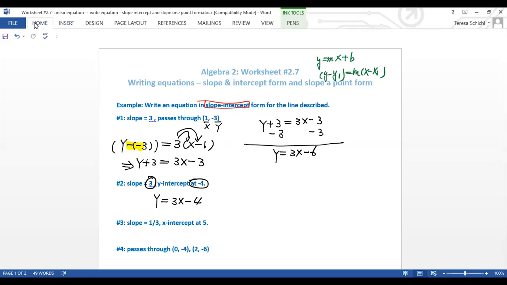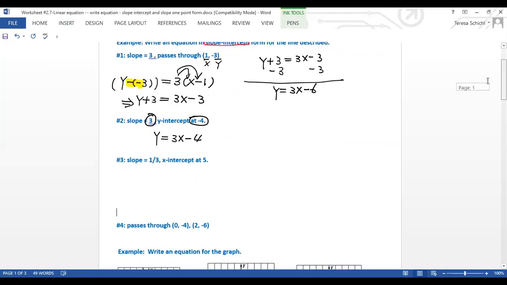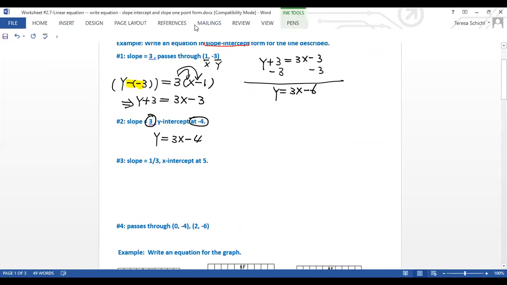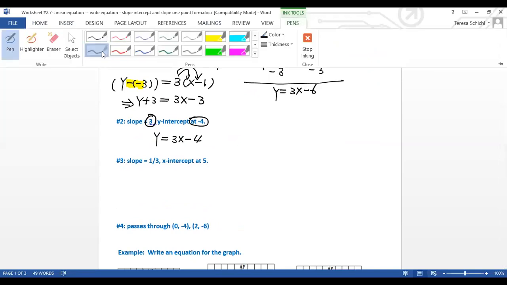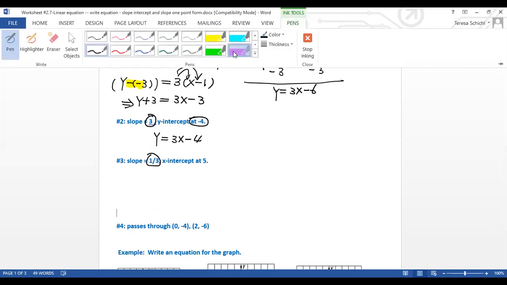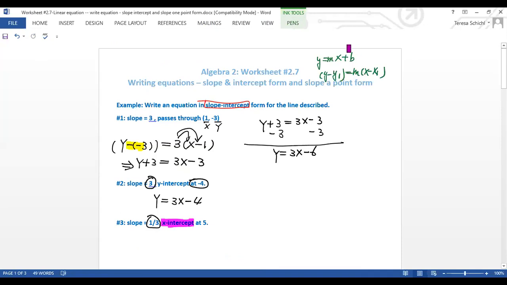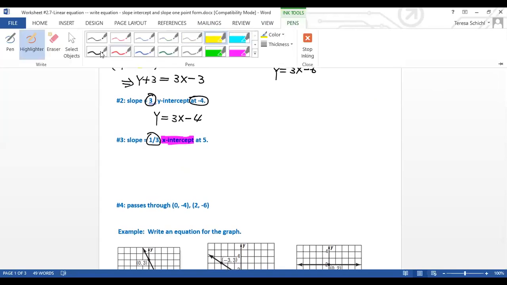Now let's take a look at the next one here. It's giving you the slope, but instead of giving you the y-intercept, what do they give you? The x-intercept. So the formula we talked about here, the b is the y-intercept. But for this one, we have an x-intercept of 5.